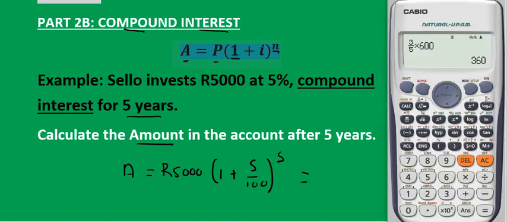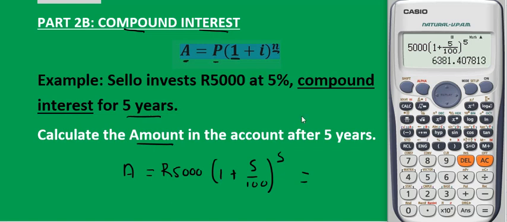If we work that out using our calculator: 5,000, open brackets, 1 plus 5%, close your bracket and to the power of 5.